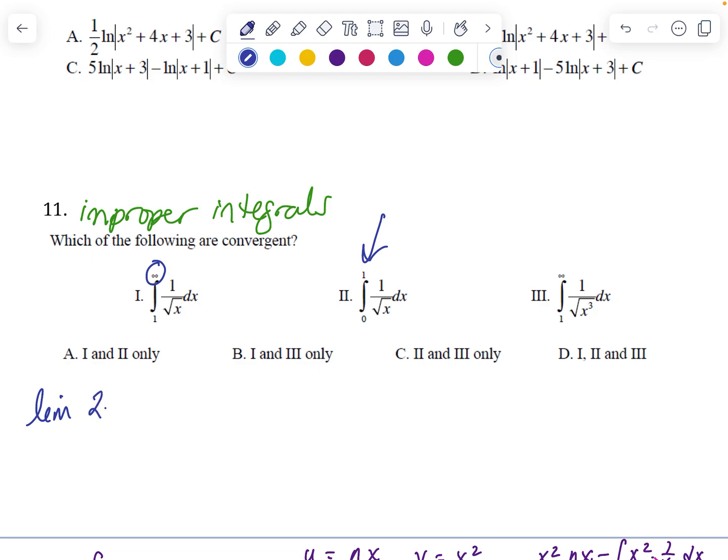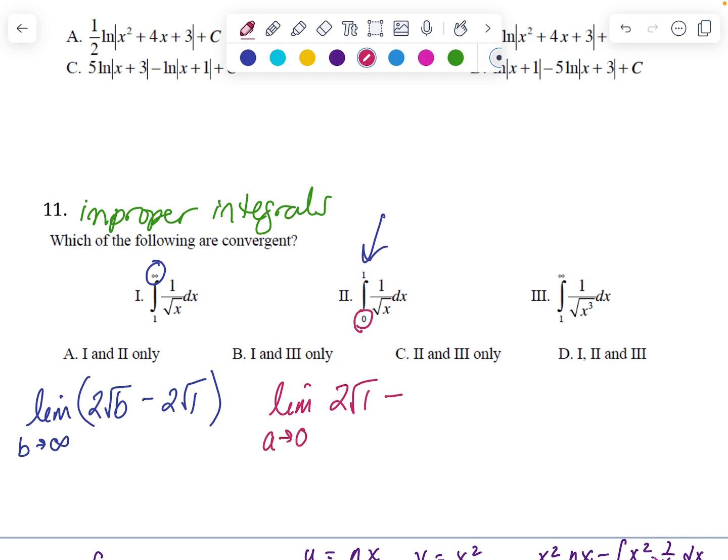Okay, at some point you get to this, and it's the limit as b approaches infinity. Okay, number 2 is the same integrand, so I'd have the same antiderivative. We would have rewritten it so the bottom bound a was a limit as a approaches 0 from the right, and this would be my antiderivative. Okay, so I'd be evaluating that limit.